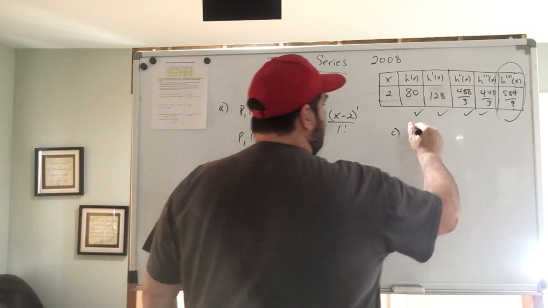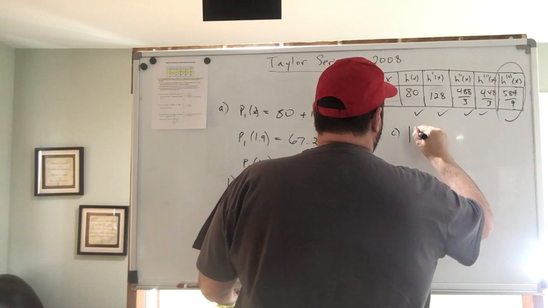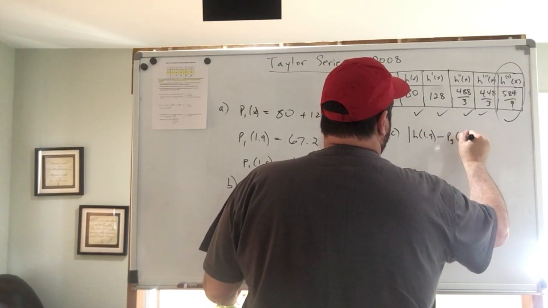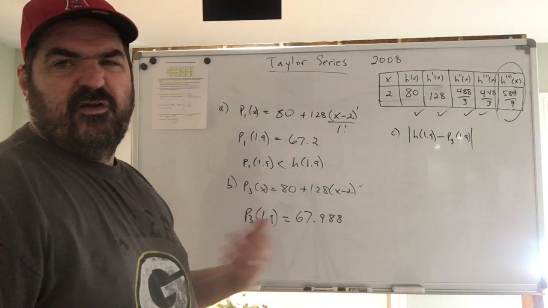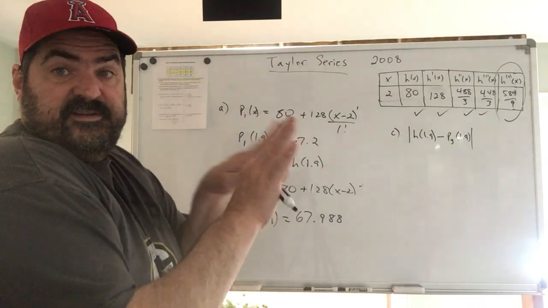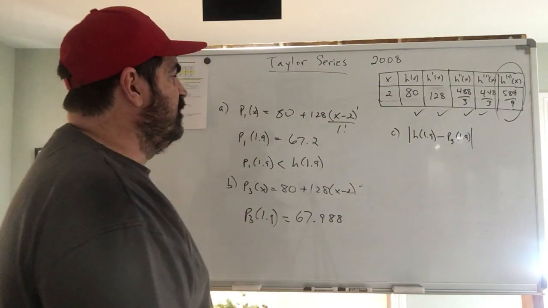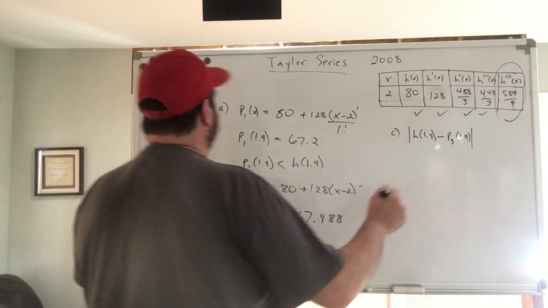We said the actual error is the difference between, it doesn't matter which order you write this in, they wrote h of 1.9 in comparison with P3 of 1.9. So we want to know how accurate our third degree is. So remember, the error is the difference between the actual and ours, right? So ours was P3 and h of 1.9 is the actual value. All right, so the difference, remember, has to be less than or equal to.